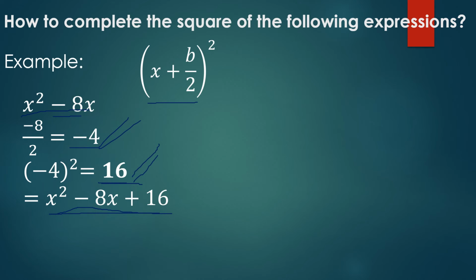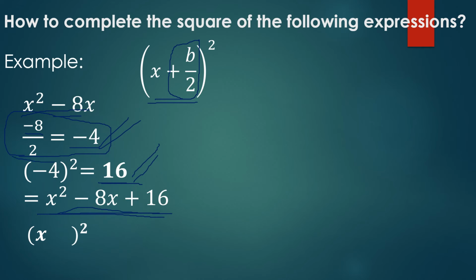How are we going to do that? First, we all know that that perfect square trinomial can be written as square of a binomial. And then following the form of this, we have x. And then how are we going to find b over 2? Look at this one. We all know that negative 8 is the coefficient b.